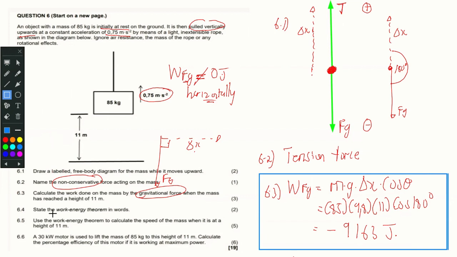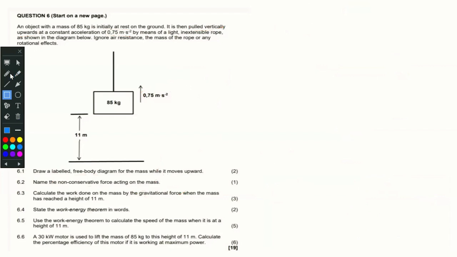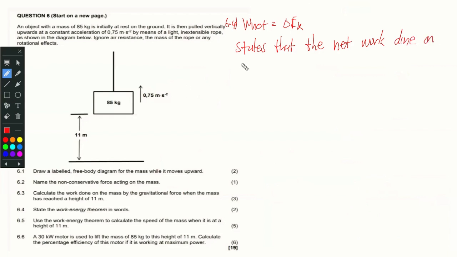Okay, then 6.4 says, state the work energy theorem in words. So again, with this one, we know W net is equal to change in EK for us to remember the definition. And then we just say, state that the net work done on an object is equal to the object's change in kinetic energy.